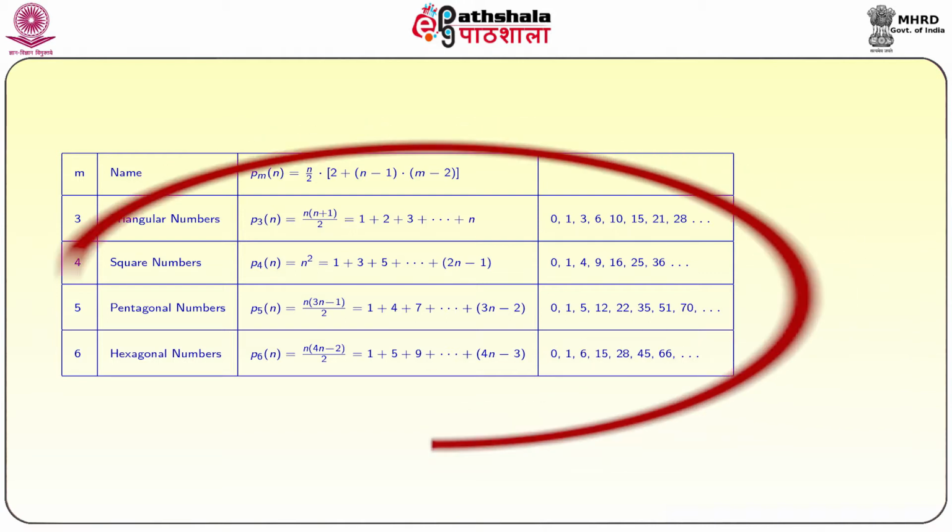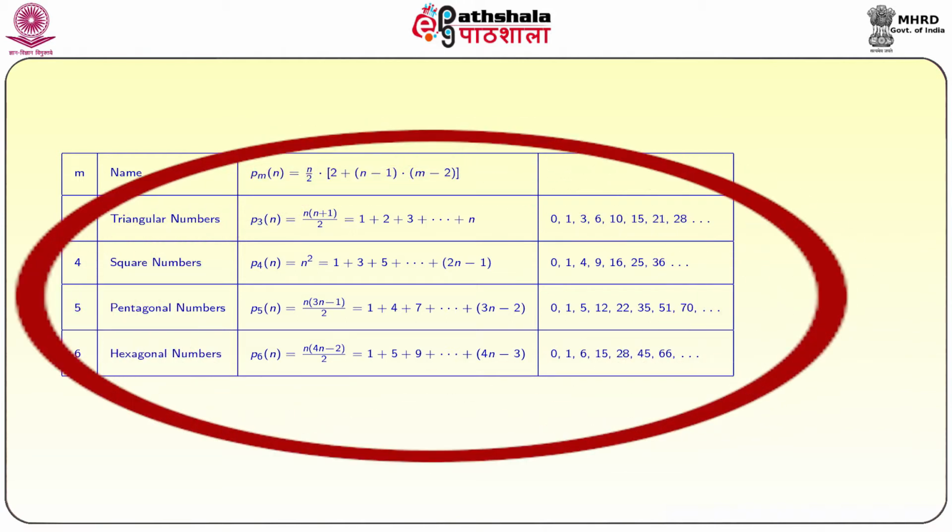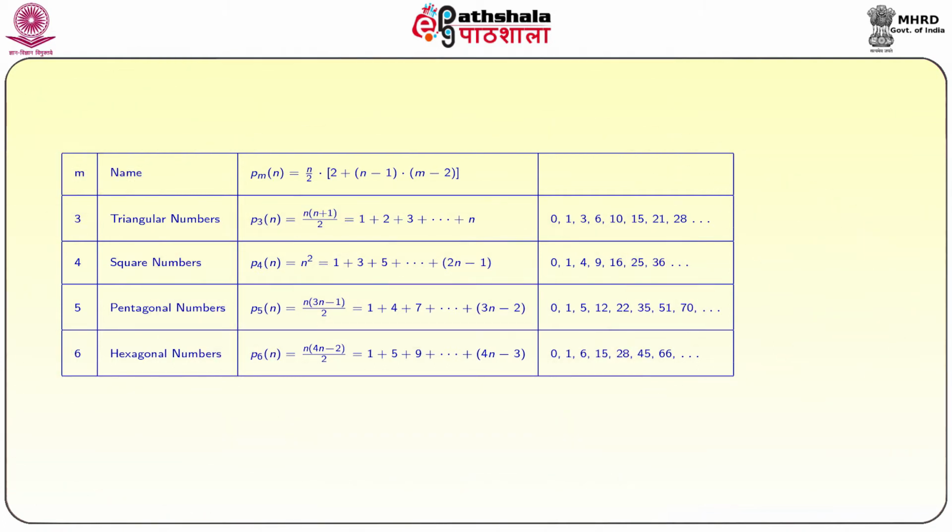Now, m equal to 4, square numbers. In the triangular numbers case we took 1 + 2 + 3 and so on up to n: 1, 2, 3, 4, which are in arithmetic progression with common difference 1. In 1 + 3 + 5 and so on up to 2n - 1, the common difference is 2. These are 1, 3, 5 and so on, again in arithmetic progression, but in this case the common difference is 2.